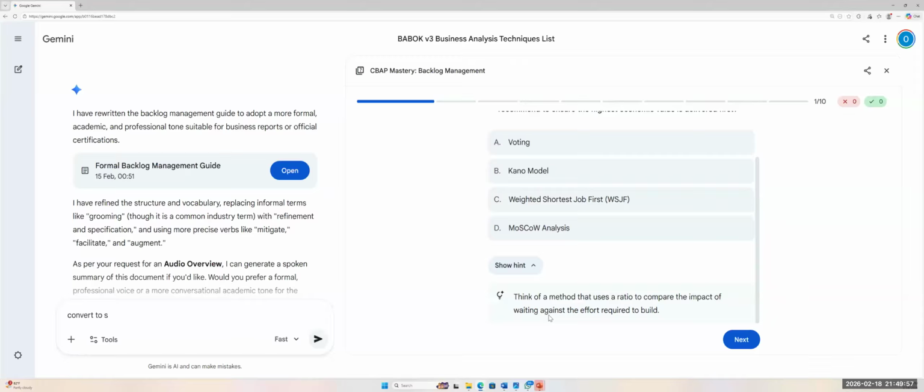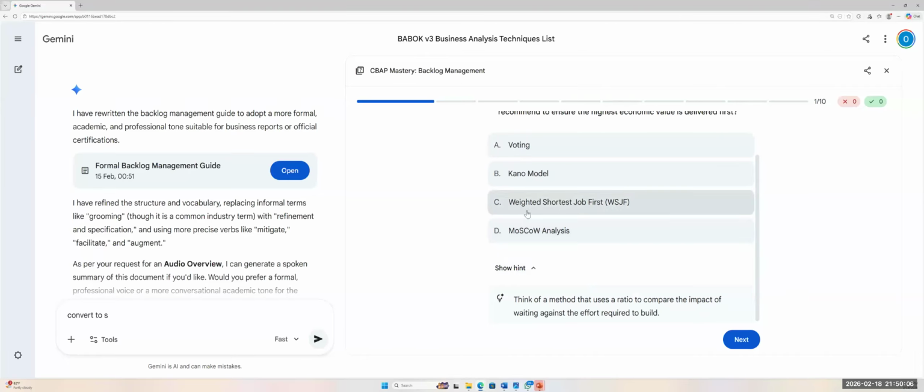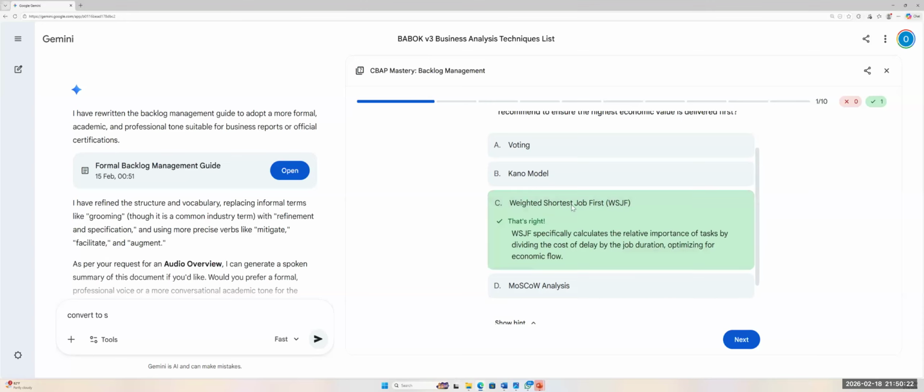Okay. Of course, the answer should be what? Okay. And then you want to speak? Yeah, basically, it's the one that has the shortest time, the shortest duration to implement. Okay. So you are right.